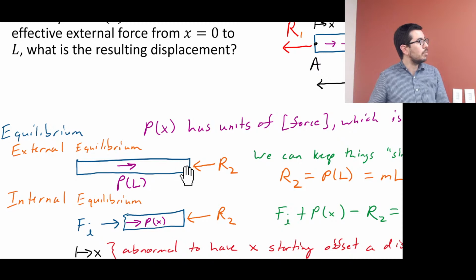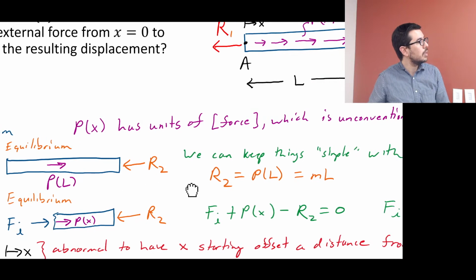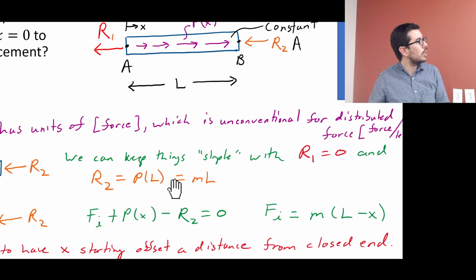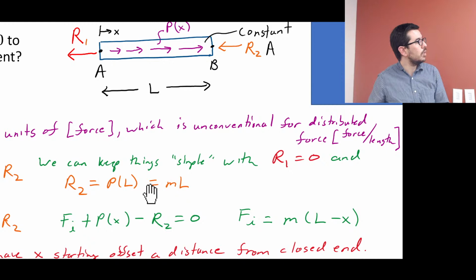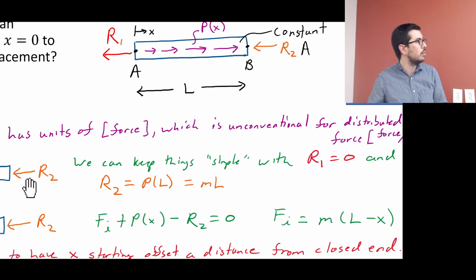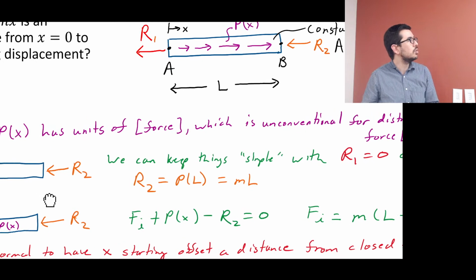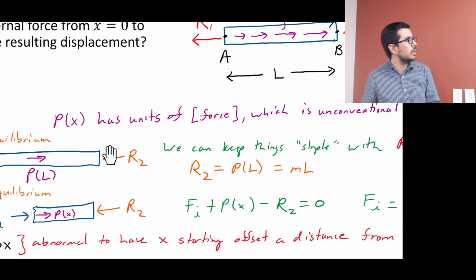So if I'm right at the right, it's going to have P of L. So if we keep things simple, saying R1 is equal to 0, and now we say that R2 is equal to P of L, that means that R2 is equal to mL. And that kind of makes sense, that, well, it means we have to have these counteracting each other.